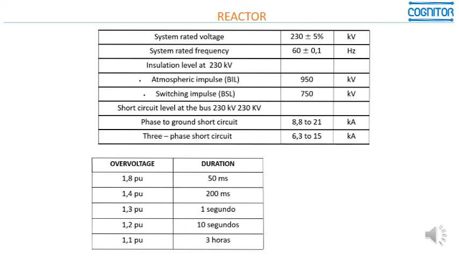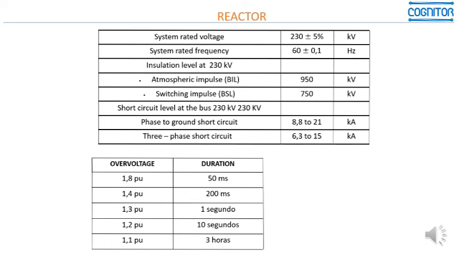Here we show some typical values that I found in the specification of one reactor for the same substation that we showed in the previous slides for the specifications of the circuit breakers and the isolators.